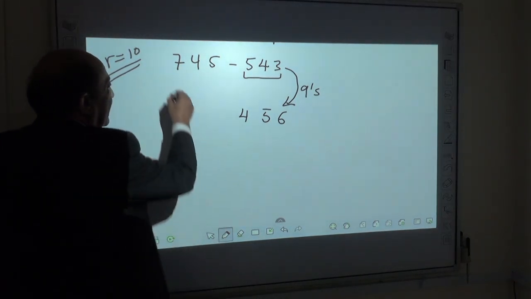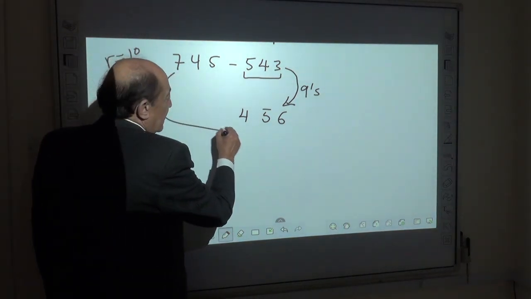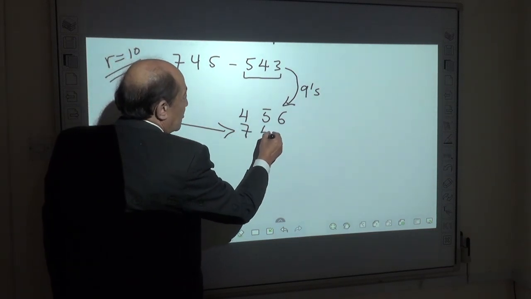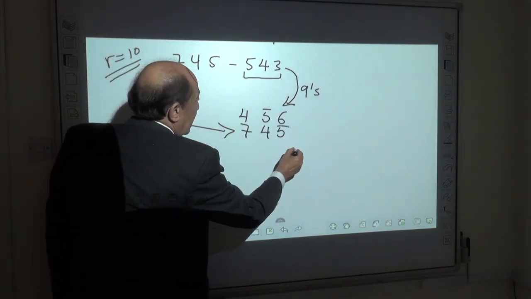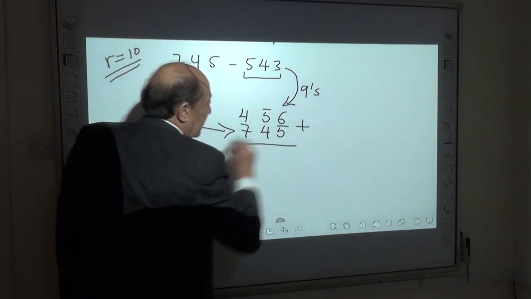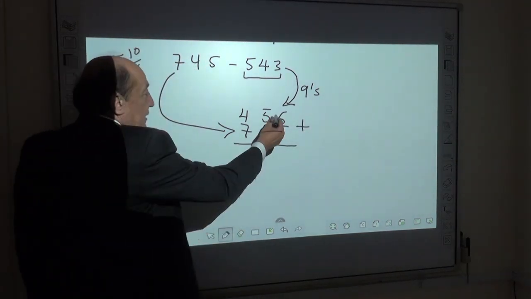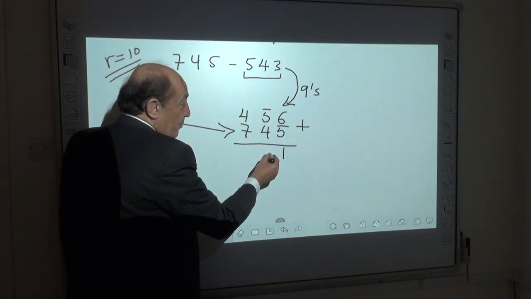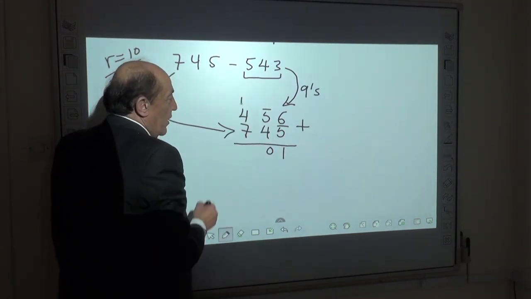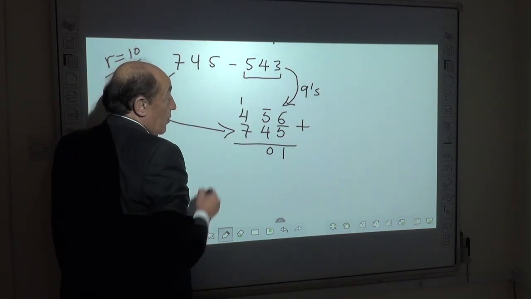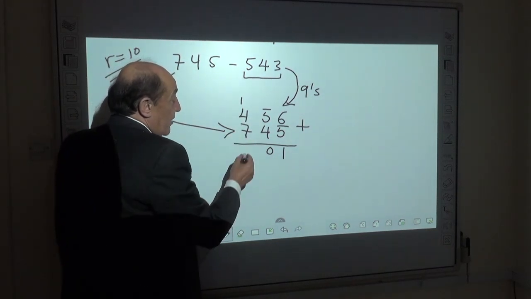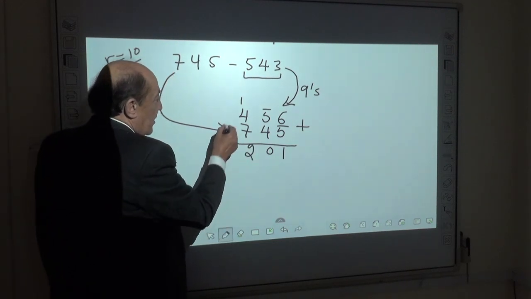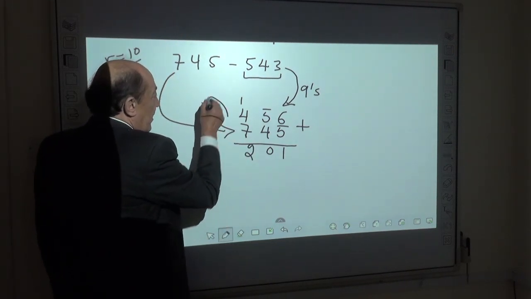Now we add with A. 6 plus 5, 11. 5 plus 4 plus 1, 10, they carry 1. 1 plus 4, 5, plus 7, 12. 2 with a carry 1.